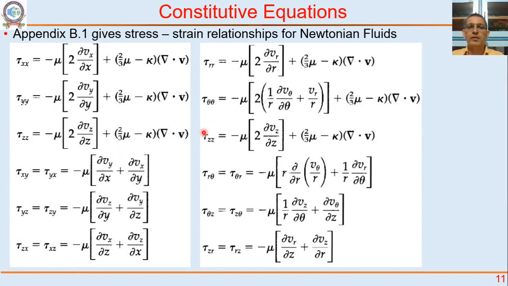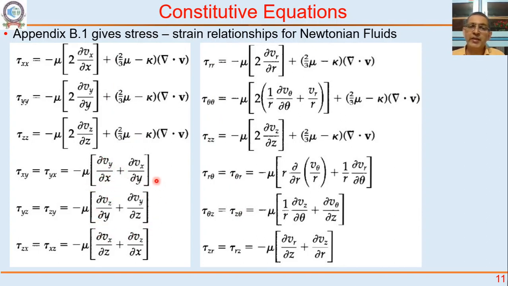They are going to be like tau rz, tau zr, tau theta z, tau z theta, tau r theta, tau theta r, tau rr, tau theta theta, tau zz. Don't worry too much about where these things come from, but you see these expressions.